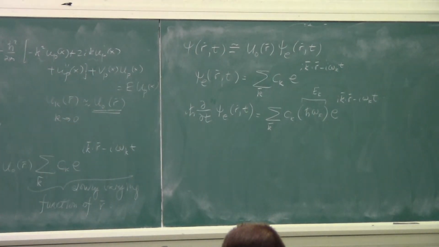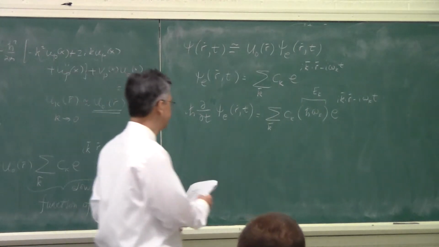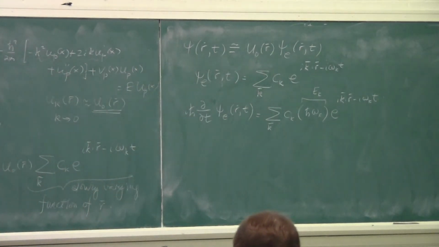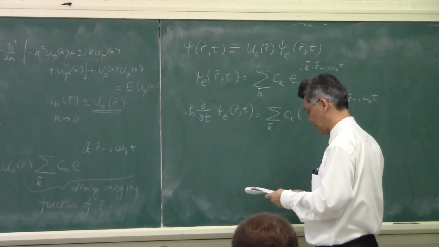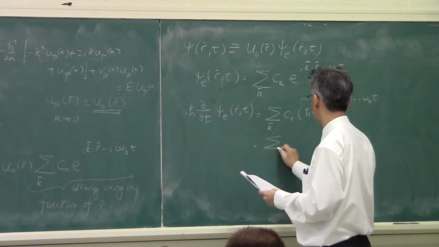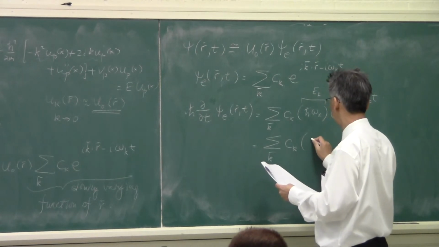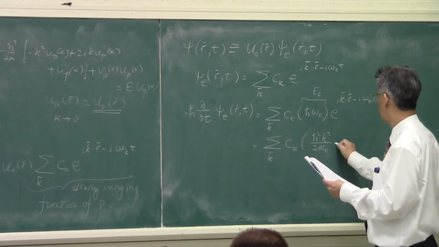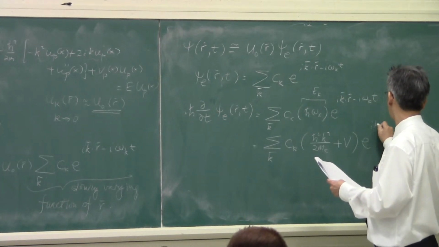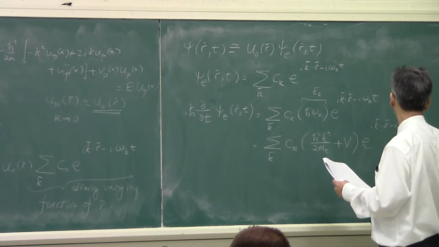Where did I say the approximation? I guess I erased it. E_k can be approximated in this picture. E_k is just equal to h squared all this here. Okay? E_k can be approximated by that. So I can substitute that back in and say that this is equal to c_k times h squared k squared over 2m_e plus b, times e to the i k dot r minus i omega_k t.